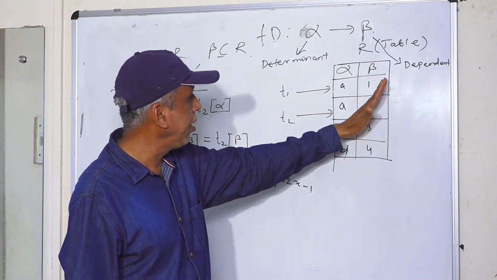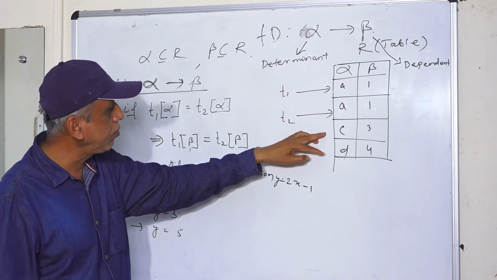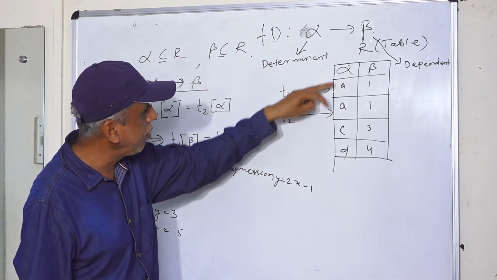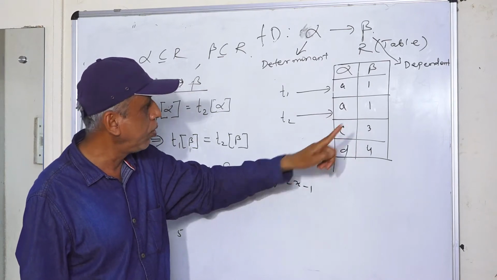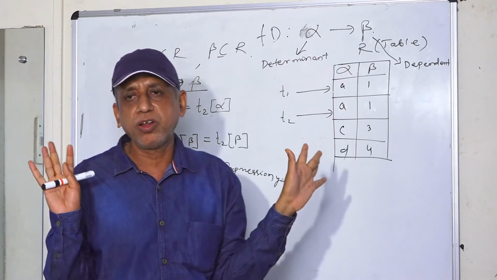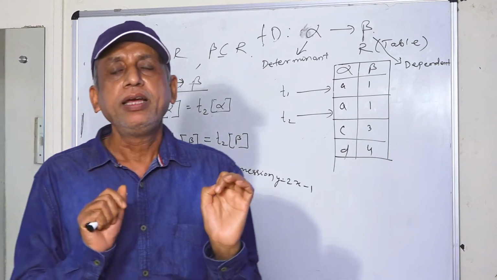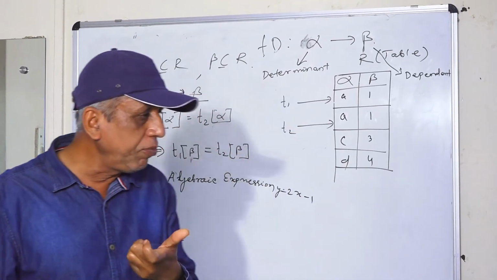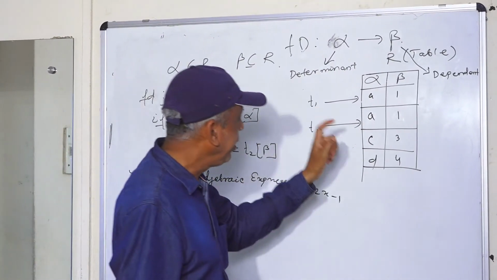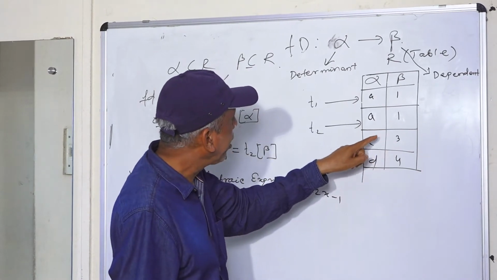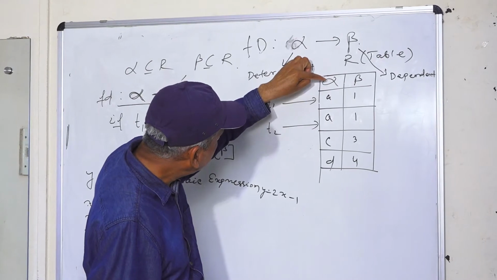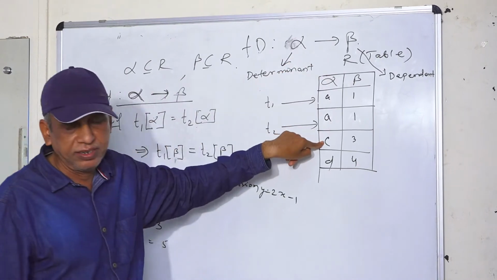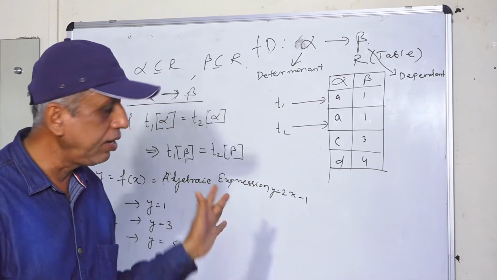All data are given. If the value of alpha is c, what will be the value of beta? Beta is 3. But there is no computation; we simply search the table for the corresponding data of beta for the value of alpha c.